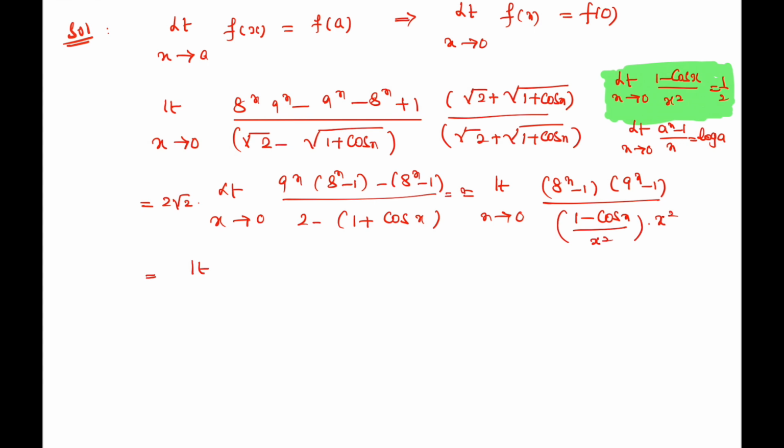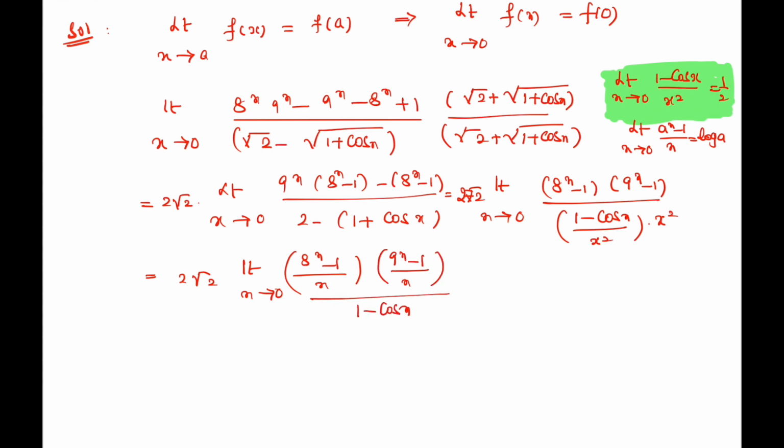So we write the 2 root 2 constant outside the limit: 2 root 2 into limit x tends to 0 of 8 power x minus 1 by x, and 9 power x minus 1 by x, divided by 1 minus cos x by x square.